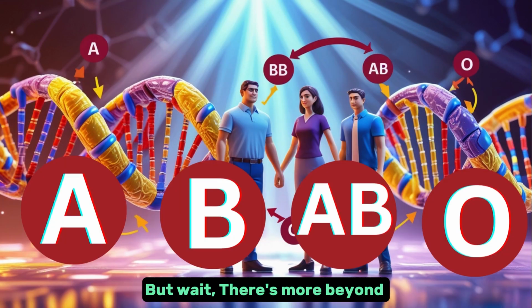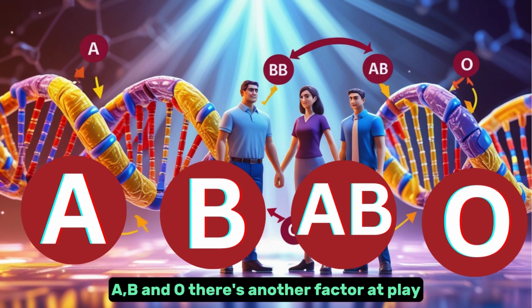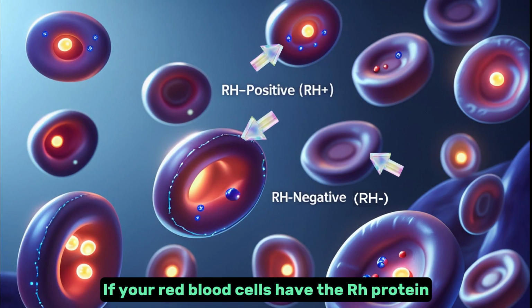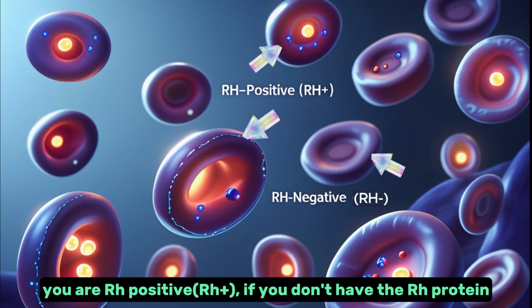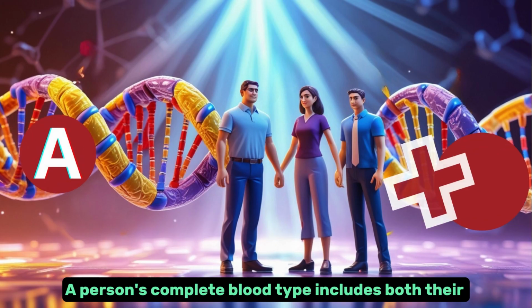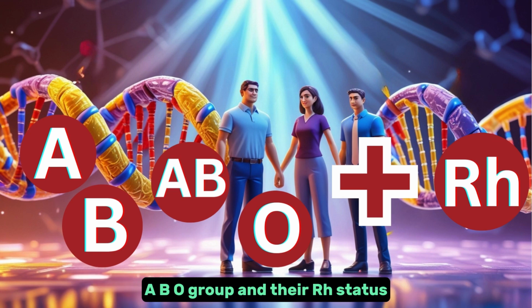But wait, there's more. Beyond A, B, and O, there's another factor at play, the Rh factor. If your red blood cells have the Rh protein, you are Rh positive. If you don't have the Rh protein, you are Rh negative. A person's complete blood type includes both their A, B, O group and their Rh status, either positive or negative.